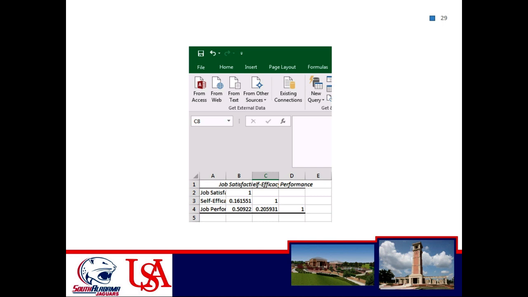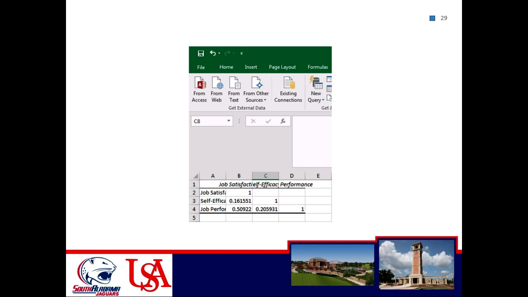It doesn't matter what order you put that in, because correlations don't have a real order. It's just a correlation between two variables. So if you say it's the correlation between self-efficacy and job satisfaction, that means the same thing. Either way, it's 0.16.